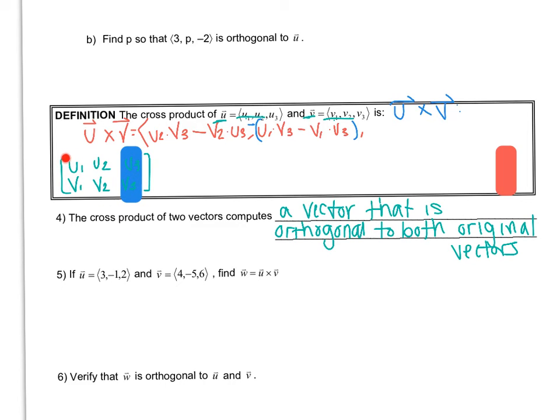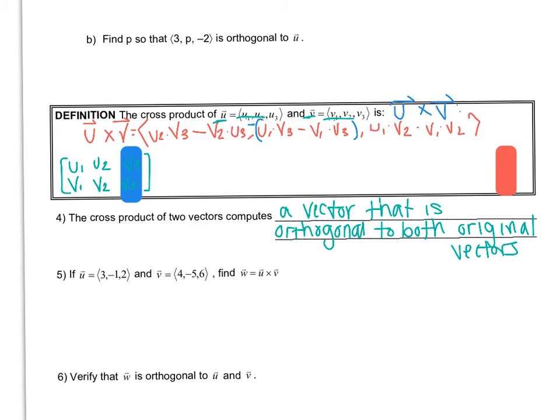So this would be U1 times V2 minus V1 times U2. You get all of those different products, find their differences, and that computes the cross product, which again results in a brand new vector that's orthogonal to the original two.